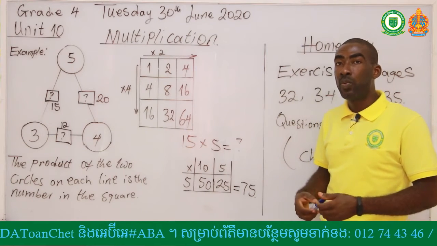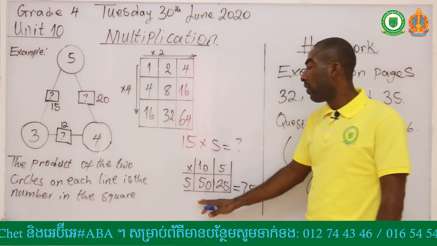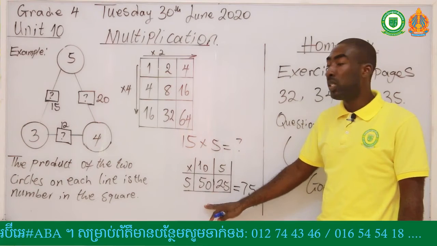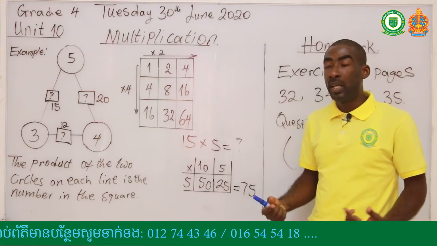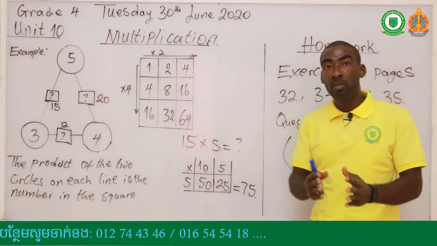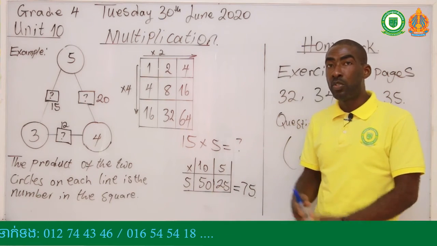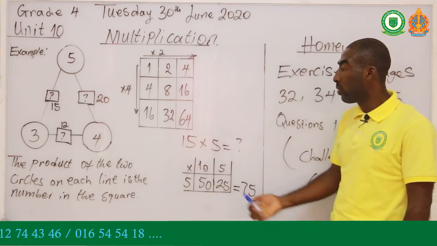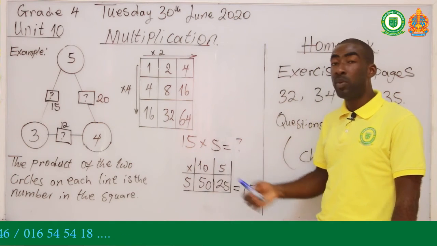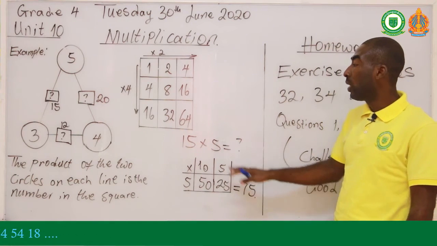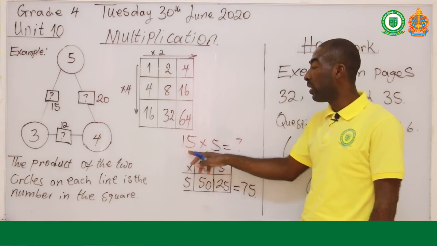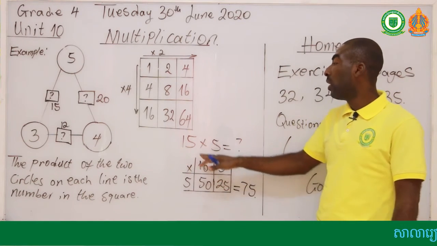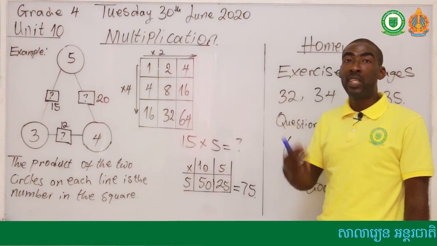The last thing that we did is that whenever you have a multiplication equation and you feel like the numbers are big, please, you need to expand them. Expanding them means you make them in smaller bits, and then afterwards you put them together. So for example, we have 15 multiplied by 5. So if this is big, what you have to do is spread your 15, because 5 is just 5. So 15 is made up of 10 and 5.